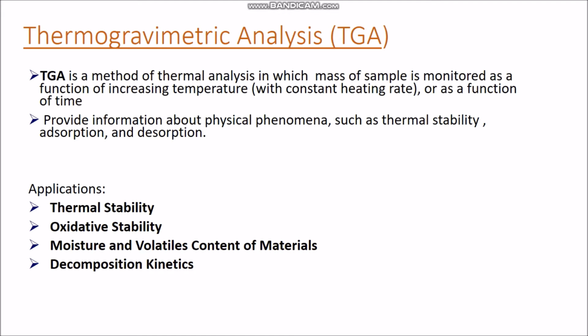It can also be used to measure the moisture and volatile content in a material. TGA can also be used to find the kinetic parameters involved in decomposition kinetics of a biomass, like in a pyrolysis study.